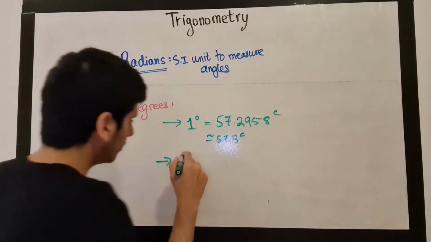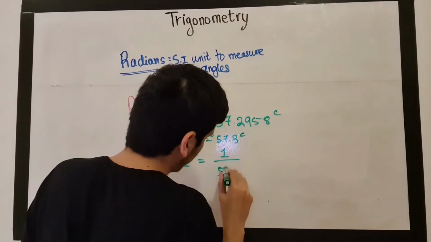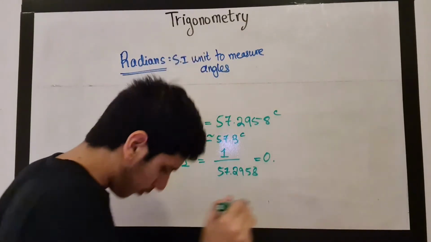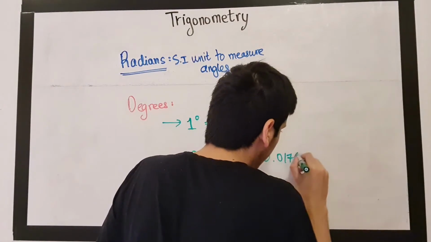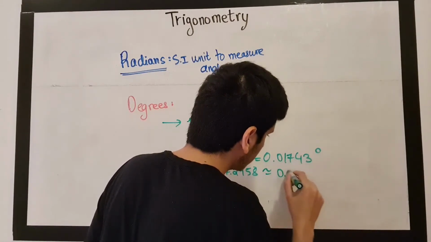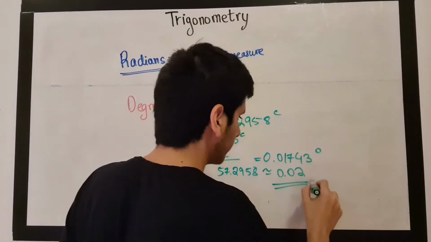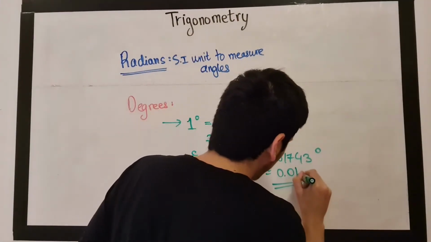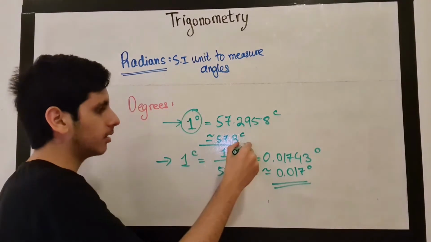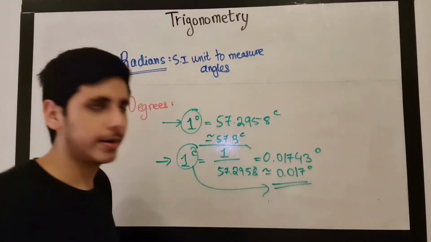And 1 radian would equal the reciprocal of that value, 1 over 57.2958, which equals 0.01743 degrees. If you want to round this, it can be around 0.02, or more precisely 0.017. So 1 degree is around 57.3 radians, and 1 radian is around 0.017 degrees.